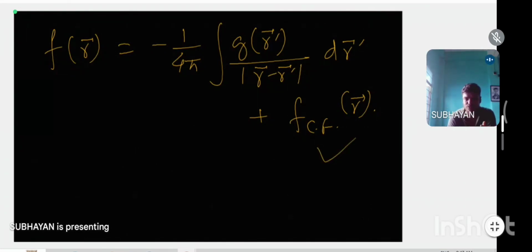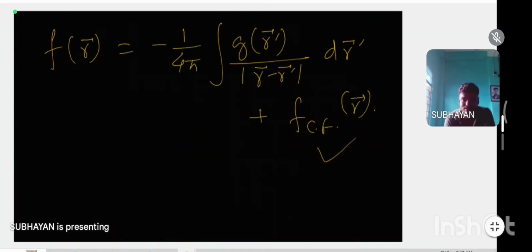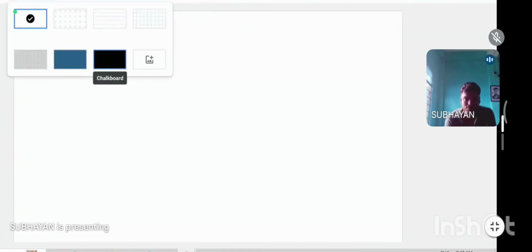So now I am going to solve the equation directly from the Green function technique, and we shall compare the solution from electrostatics with the solution we make from the Green function technique. At first I have to write the solution in terms of the Green function.